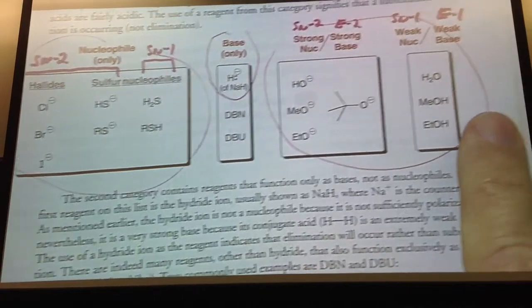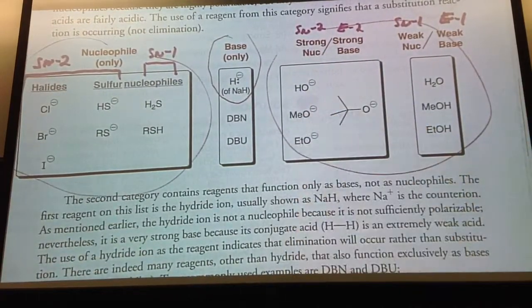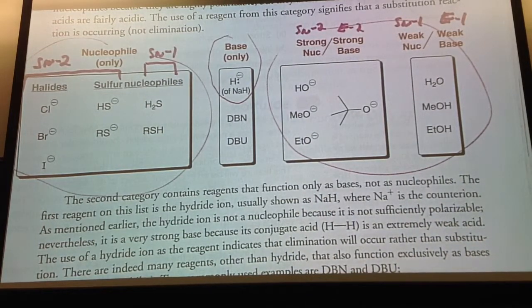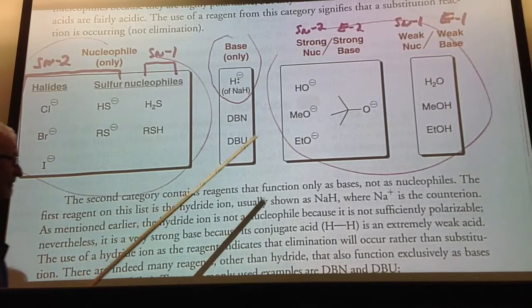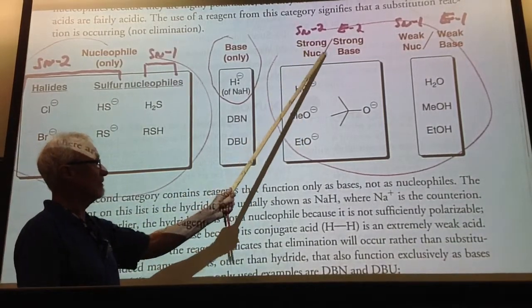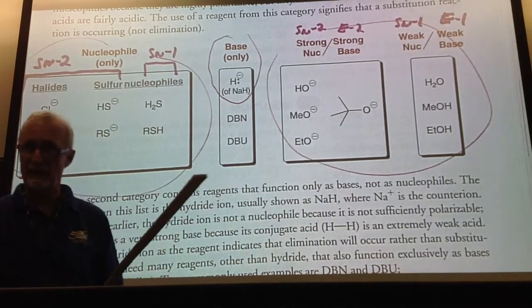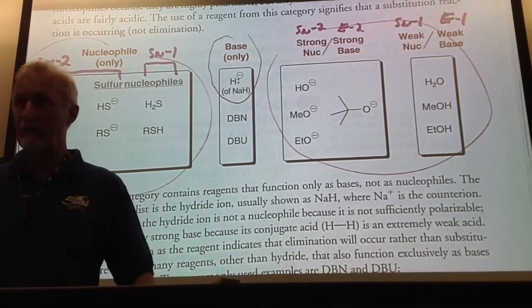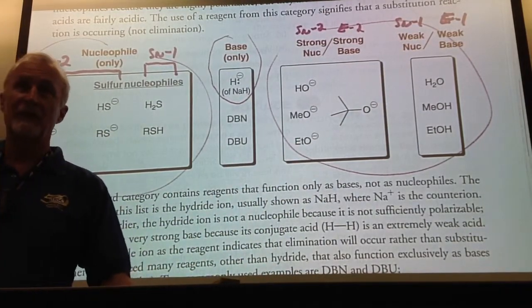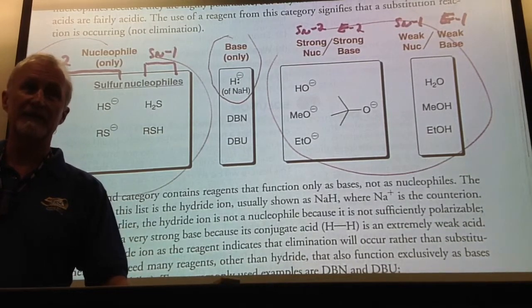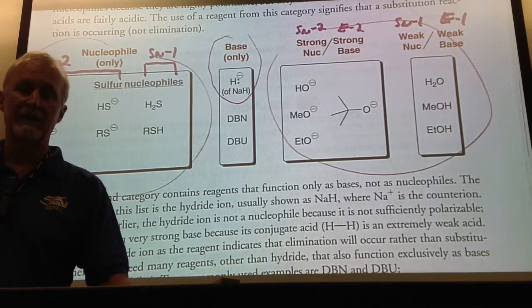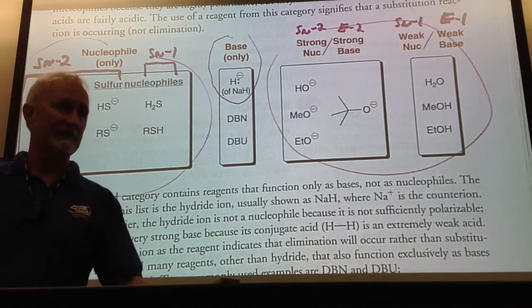If it's an oxygen with a lone pair, it would be a nucleophile or a base. Take your pick. If it's negative charge, it's a strong nucleophile or strong base. If it's neutral, it's a weak nucleophile or weak base. So try to remember that, and that will set you free. Don't worry about those other possibilities. There's just too many. What I used to call concept mapping, he likes concept mapping, but it's gone amok in this.